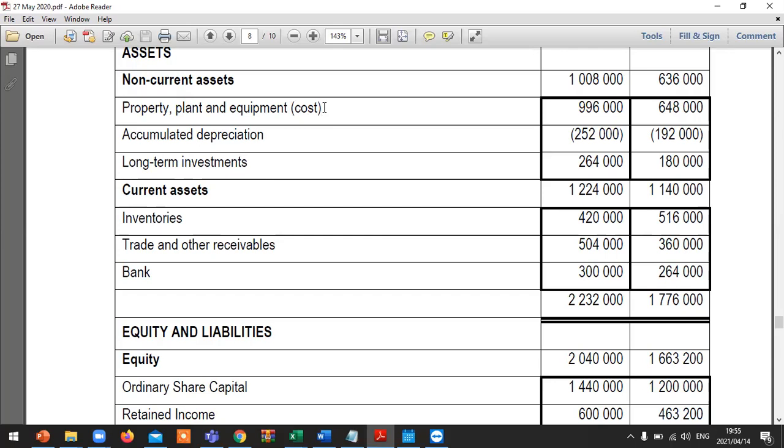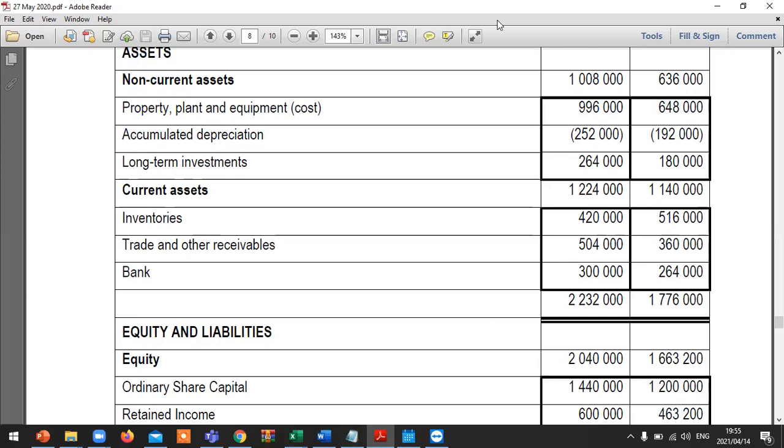So they did things simple for you. Everything was calculated for you. But now in this example, we need to calculate the carrying value. Now, what is the carrying value of the current year? This is the current year. To calculate the carrying value, we're going to say 996 minus 252.